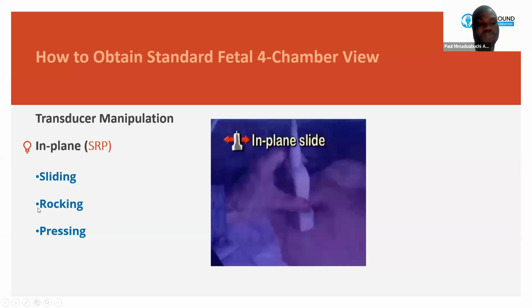So it helps you to remove shadowing, and the pressing down on the abdomen helps you to displace any bowel between the abdominal wall and the uterus, or to bring the fetal thorax closer to the transducer. In imaging this, it's very important that you allow some amniotic fluid to be between the thorax and the placenta or the uterine wall.